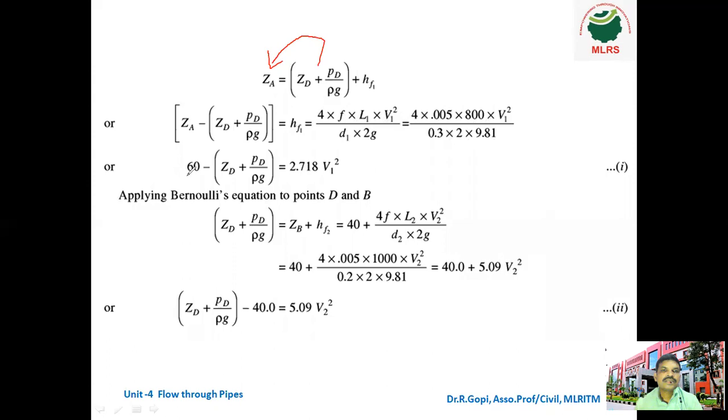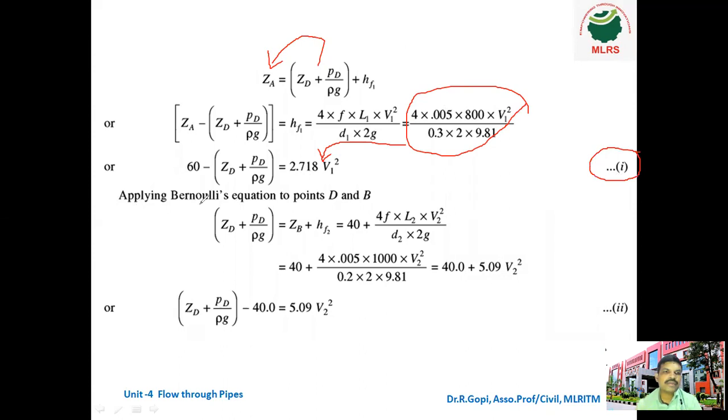Next, the ZA value they gave is 60, minus ZD plus PD by rho G, which is equal to HF1. If you simplify this equation, we got 2.718 V1 square. Keep this as equation number 1.